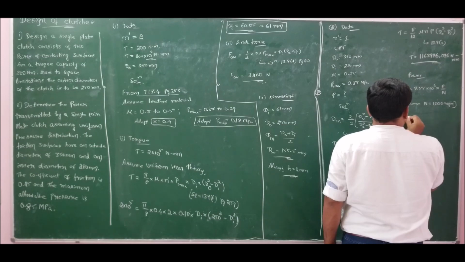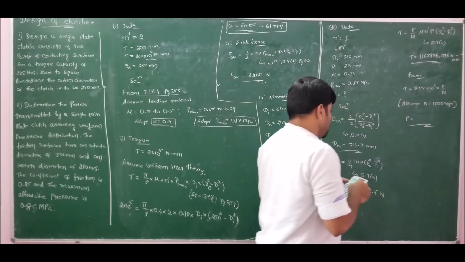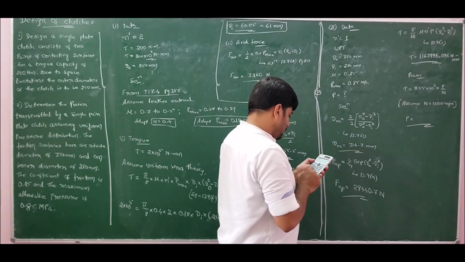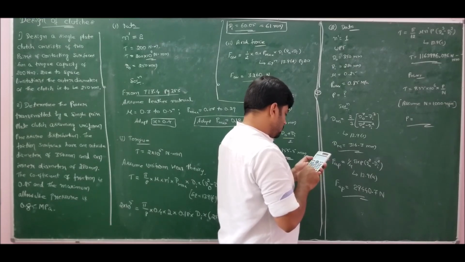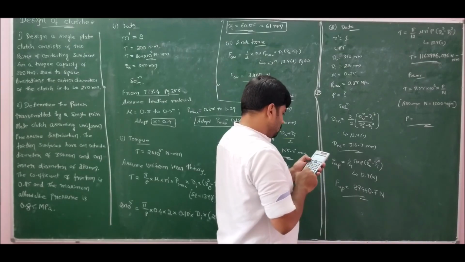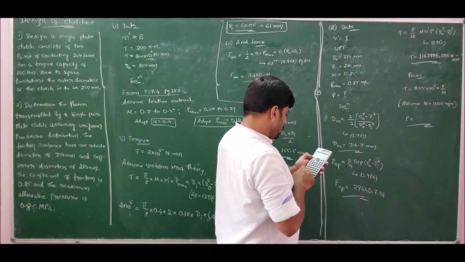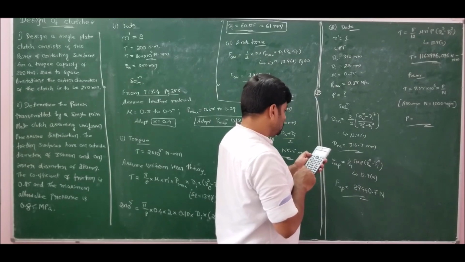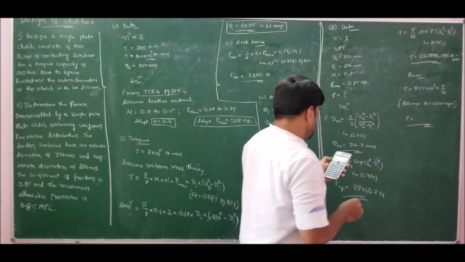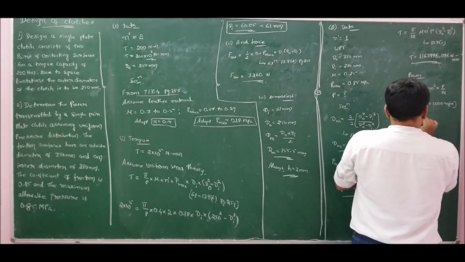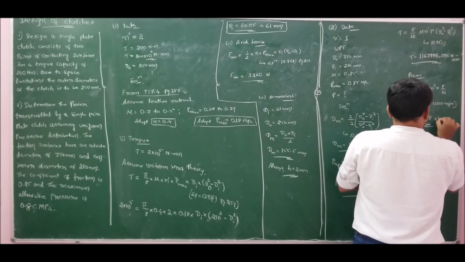So therefore I will get the power as 9.55 into 10 to the power of 6 into power, which is unknown. I am assuming 1000 rpm. This must be equal to torque, 116,996.076. If I solve, I will get the power as 121.88 kilowatts.